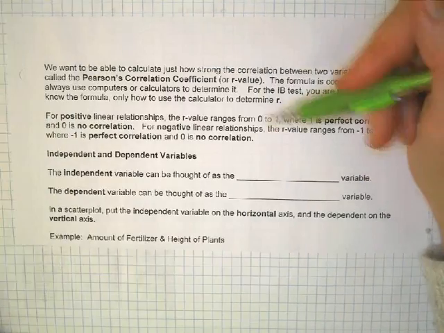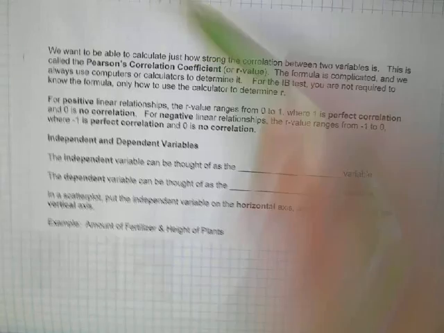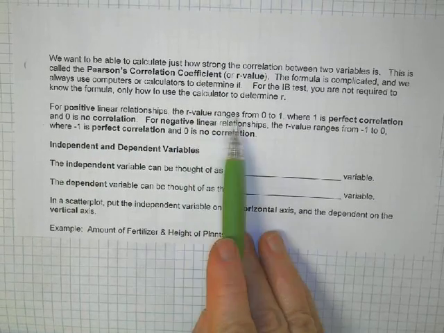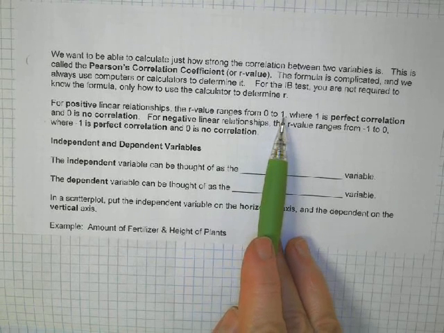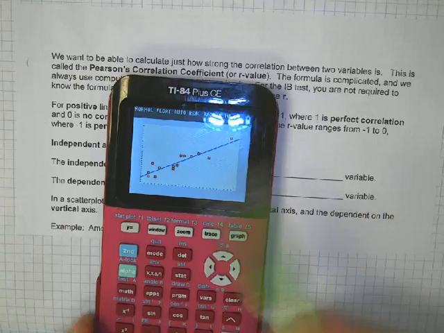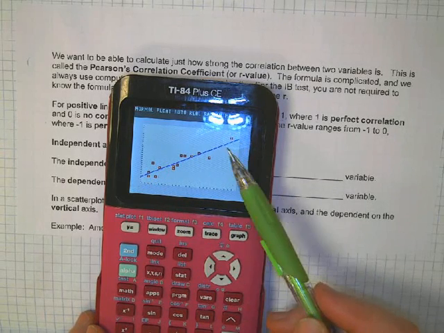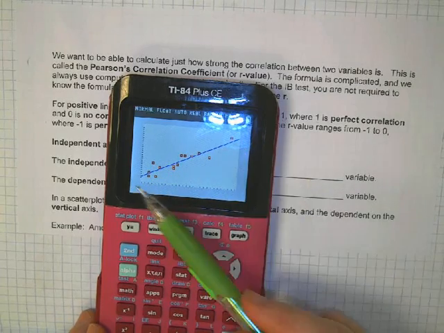For positive linear relationships, that means the slope is positive, the value range for R is between 0 and 1. The highest R you could ever get is a 1. You can't get anything bigger than 1. 1 would be a perfect correlation, meaning every single point would be exactly on the line of best fit, lined up in a nice straight line.